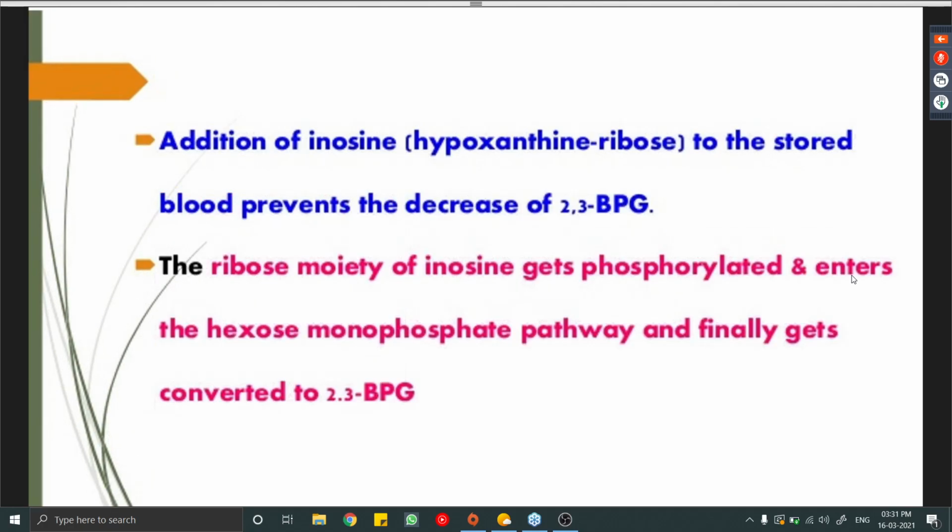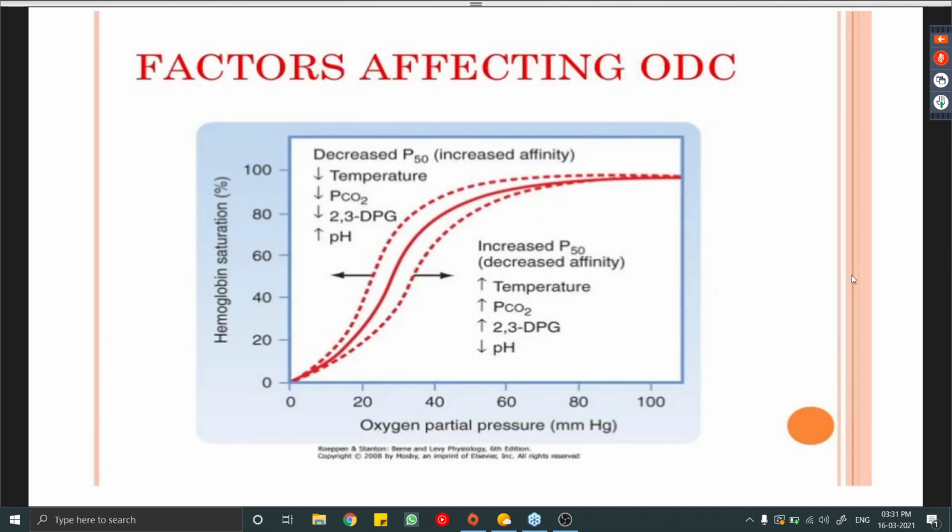So as a measure, inosine is added to prevent the decrease of 2,3-DPG. The ribose moiety of inosine gets phosphorylated, enters the hexose monophosphate pathway, and finally gets converted to 2,3-DPG. About this we will read in detail in metabolism.